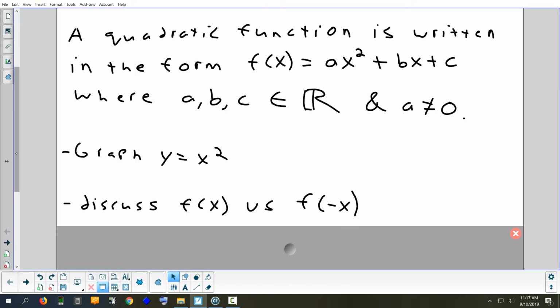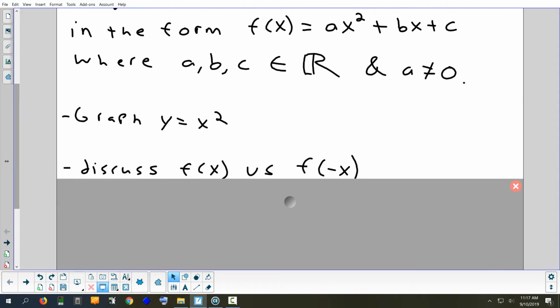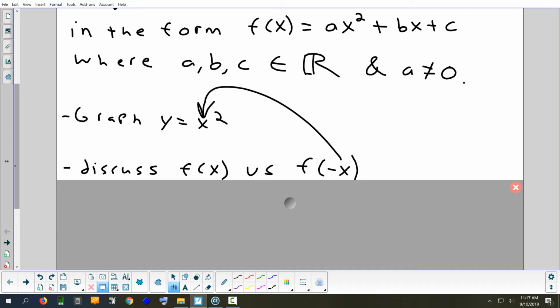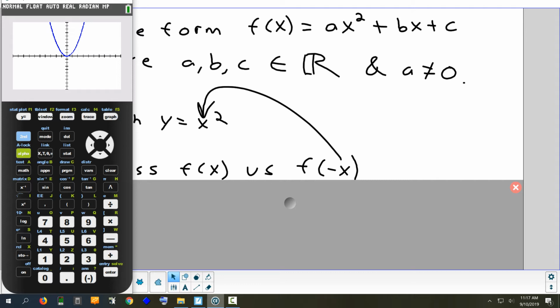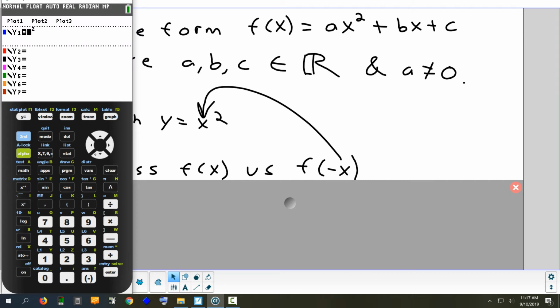Now, I want to take a look at what happens if I plug in negative x in place of x, in parentheses. So it's basically like I'm taking this and filling it in for x. Let's see what happens. I'm going to draw it down below in red.